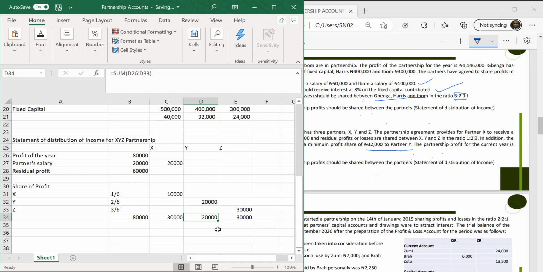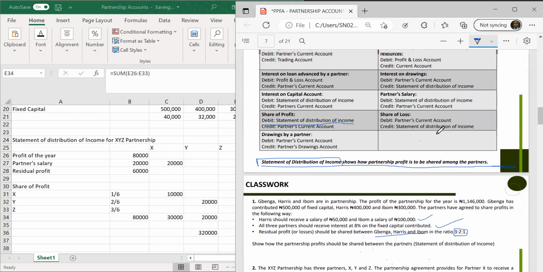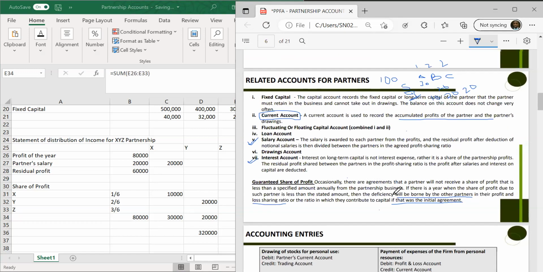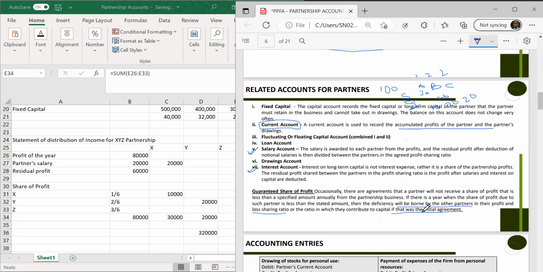It means that without even starting any query, this guy must have 32,000 naira here, while we find out what we'll do for these other guys, X and Z. We subtract it from X and Z. Let me give you a review from when I did guaranteed share of profit.